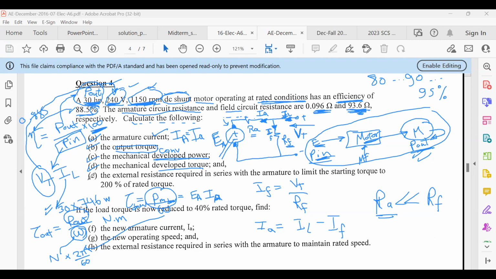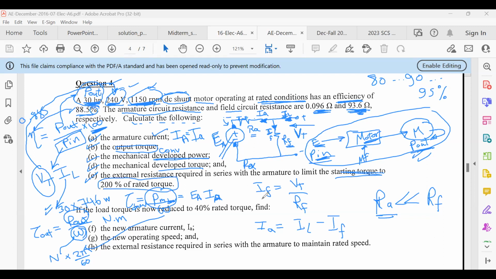The last one is interesting regarding the starting resistance. They said the external resistance required in series, R external, you put it here in series with the armature to limit the starting torque to 200%.